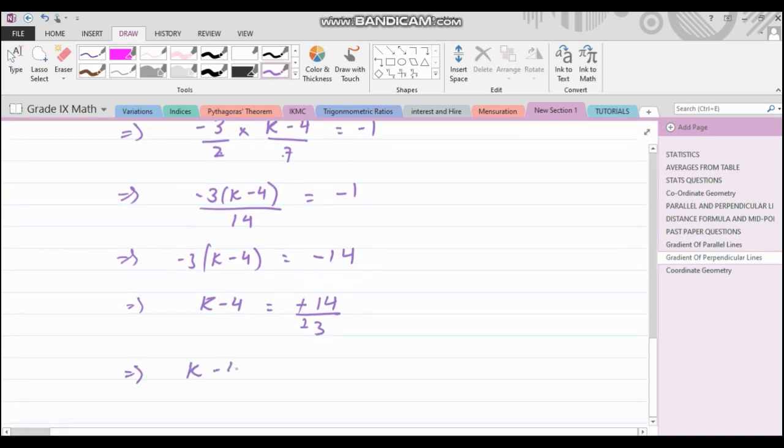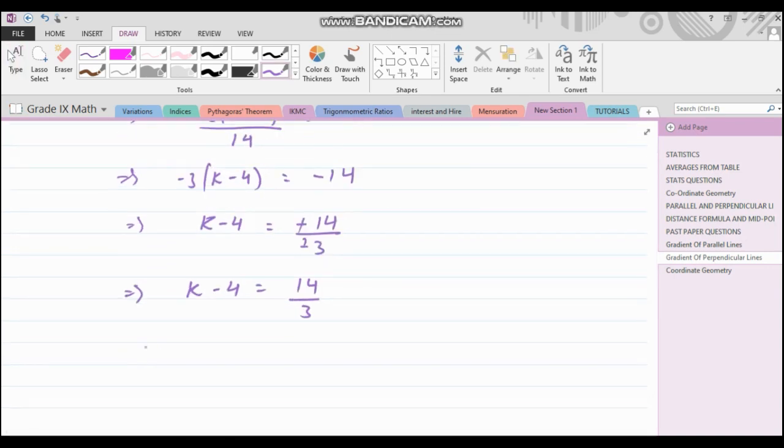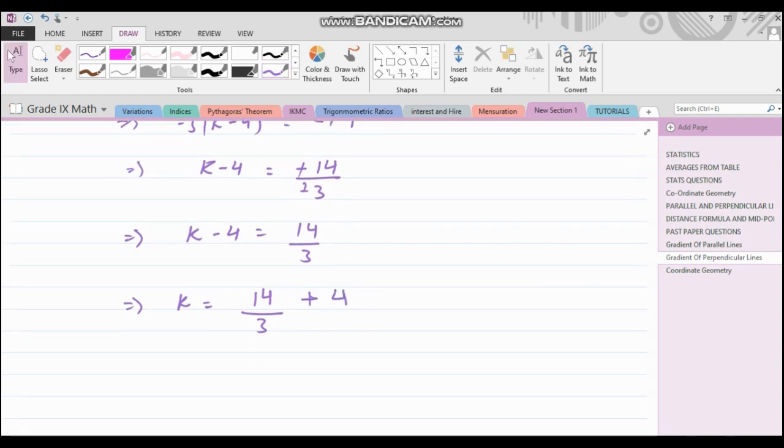So I have K minus 4 is equivalent to 14 over 3. Again, making K the subject, that means 4 has to go on the other hand side as well. 14 over 3 minus 4 would become plus 4. Again, these are fractions and adding, so you have to take the LCM. There is a 1 below 4. I have to get the denominator the same, so I could multiply it by 3.